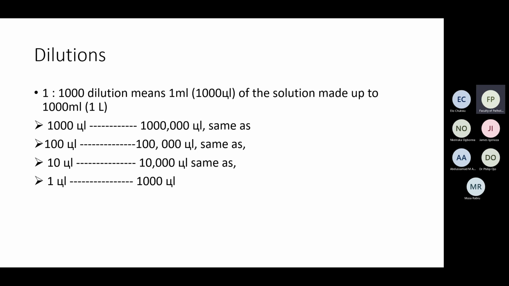It means you take 1 ml of serum, or 1 ml of antigen if it's in liquid form. Then you make it to 1,000 ml.